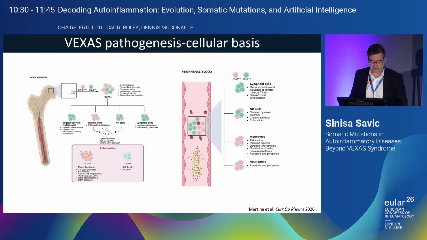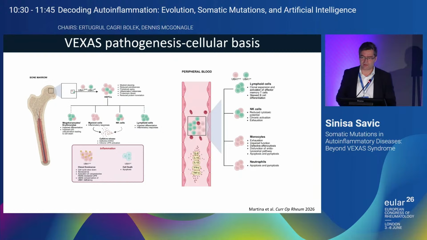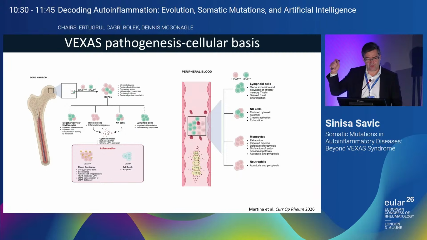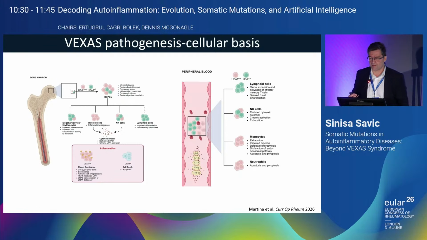I don't necessarily have time to delve too much into the pathogenesis of VEXAS, but in essence, again, it all starts in the bone marrow. You get a mutation at the HSC level, the hematopoietic stem cell progenitor at the top, and the mutation is quite devastating, actually. These mutations haven't been described in childhood because they're incompatible with life.